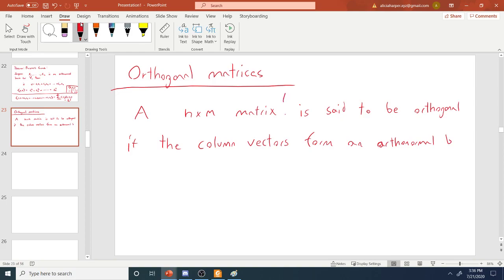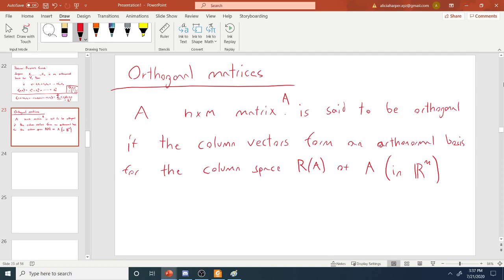Oh, by the way, my n by m matrix, we're going to call it A. For the column space of A, and this, of course, lives in Rm. So we're using the standard scalar product. So this is an orthogonal matrix.